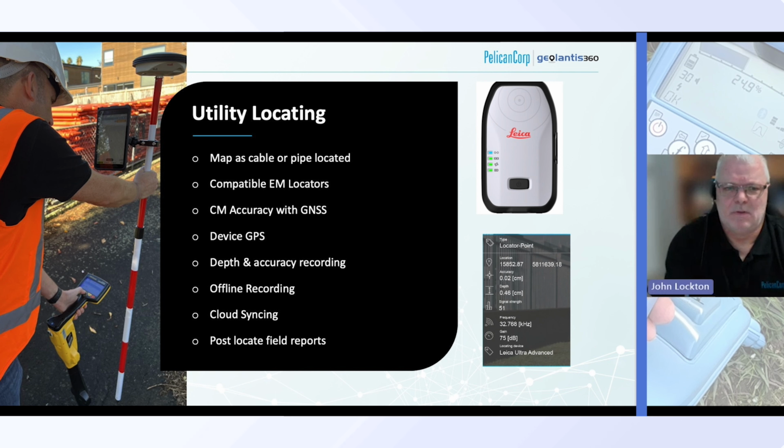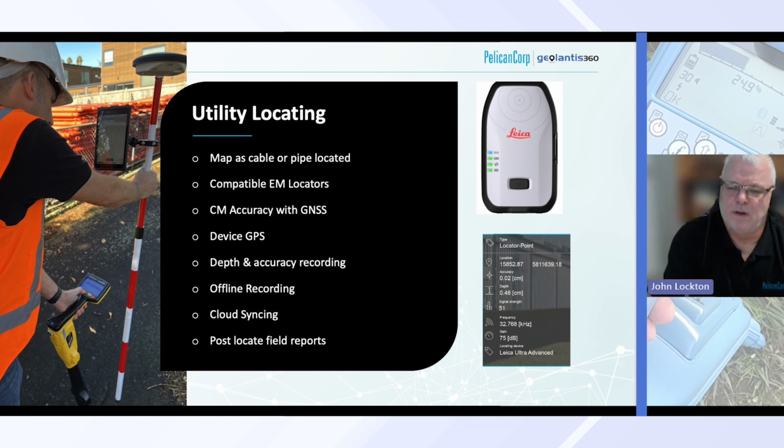And it's through compatibility with certain sensors and high accuracy sensors. So ones that are a few centimeter type of accuracy, 2 or 3 centimeters, collecting XY position, but also collecting the depth of those assets.